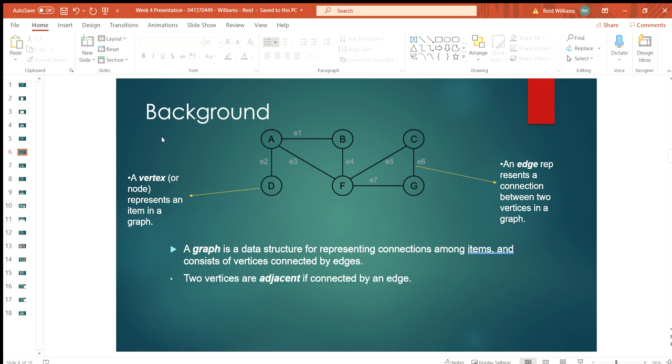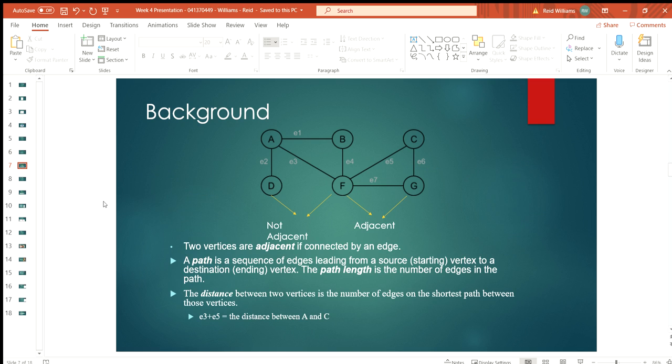There's a couple different types of these graphs. But in order for two vertexes to be treated as adjacent, so like directly associated with each other, they need to share one of these edges. So if you're just looking at the graph, you could make an argument that D and F look adjacent.